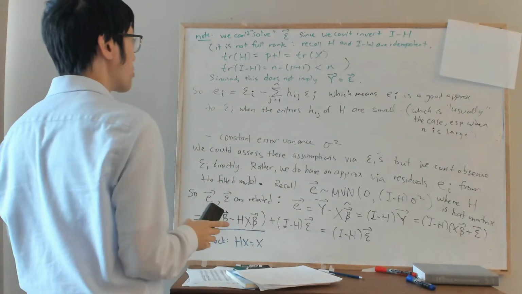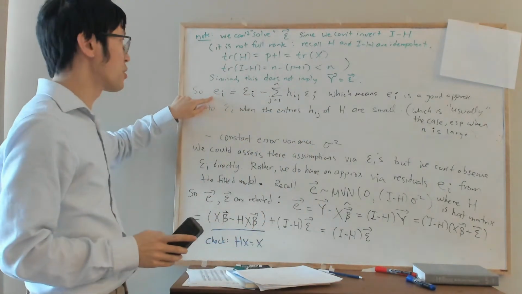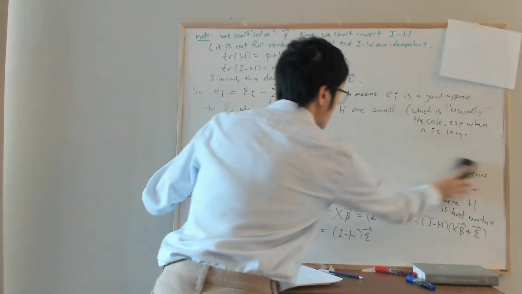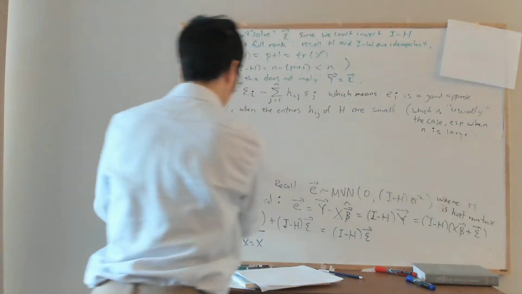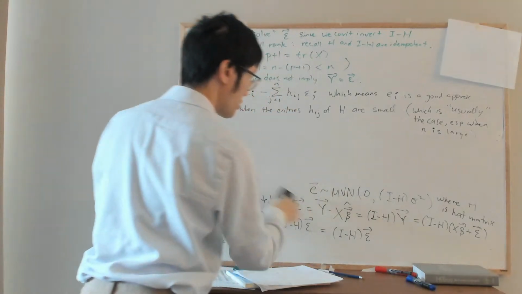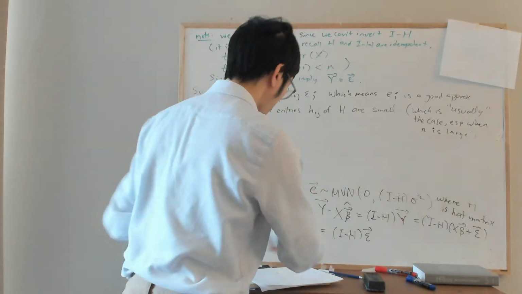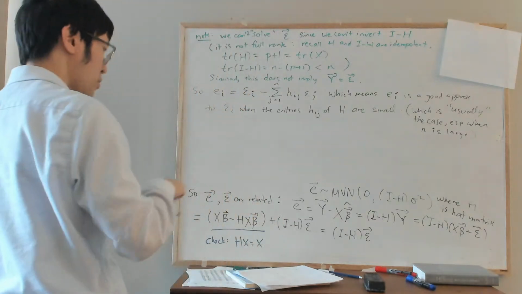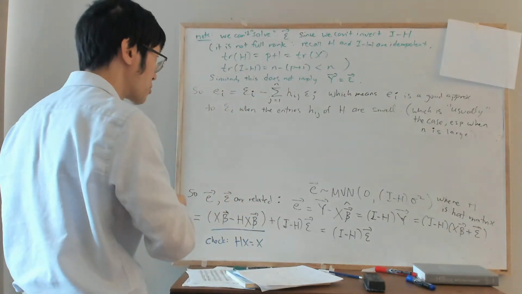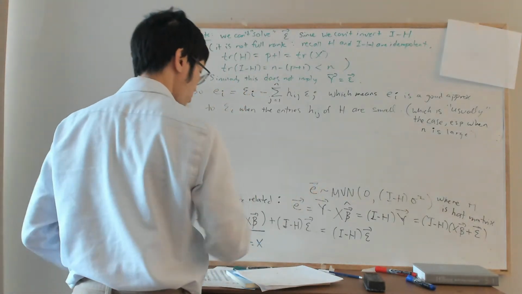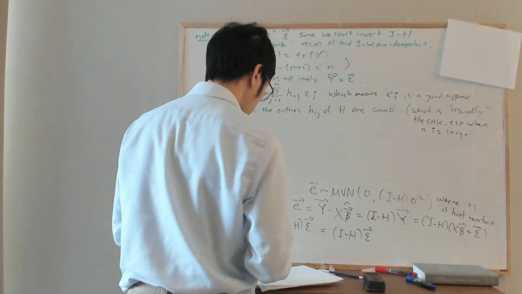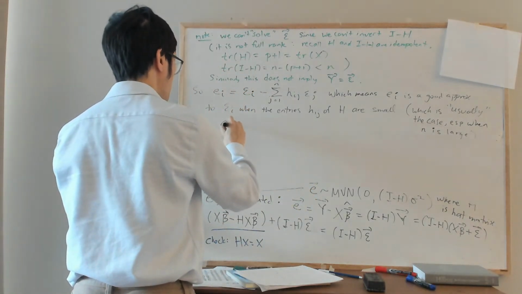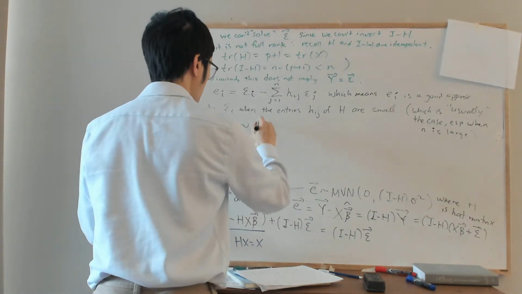So what is the distribution of an individual residual? Let's look at that briefly. Epsilon is a multivariate normal vector with mean 0 and covariance I minus h times sigma squared. So an individual residual therefore has a normal distribution.